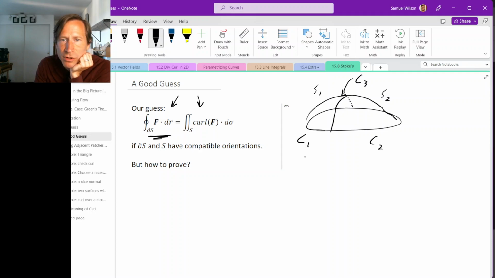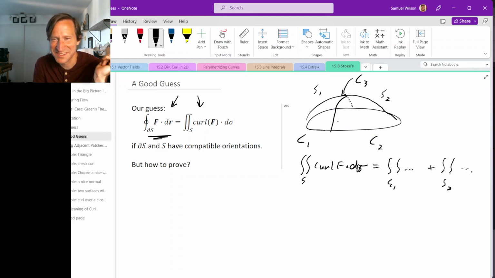The integral of the vector field over the entire surface, d sigma, is just the integral over S1 plus the integral over S2, because S1 and S2 are different surfaces that only overlap along the curve. So this is true.